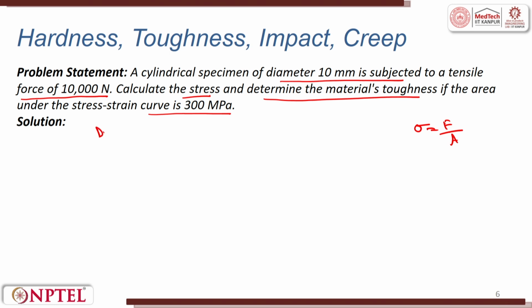So, we have been given diameter is equal to 10 millimeter, which implies area A is equal to pi d by 2 square, which is equal to pi into 10 mm, in meters it is 0.01 meter, by 2 squared.